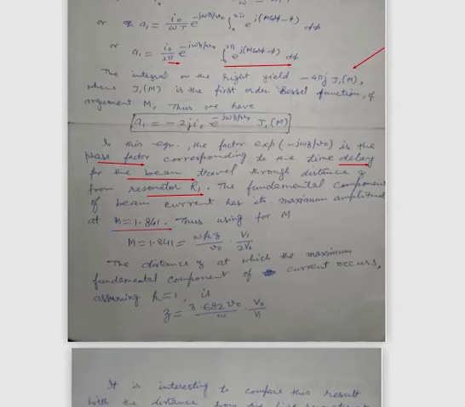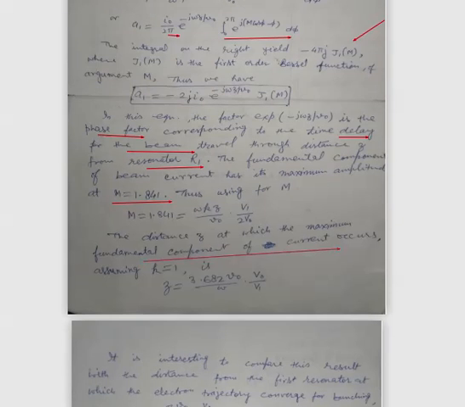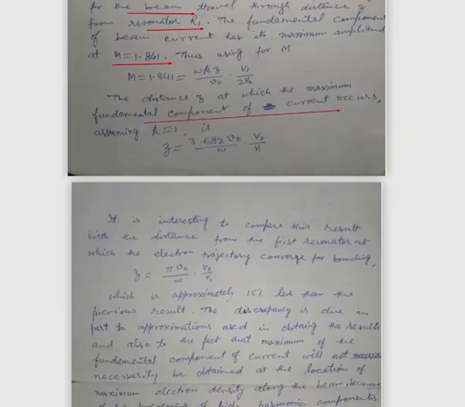So this distance z at which the maximum fundamental component of the current occurs will give us the value of z, which comes out to be 3.682 v0 upon omega into capital V0 over V1, taking beam coupling coefficient k equal to unity.